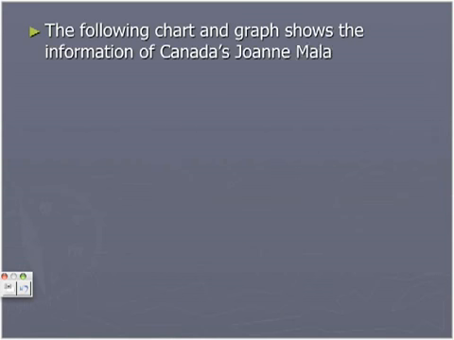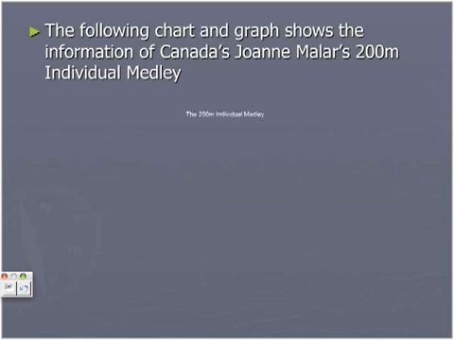The following chart and graph show the information of Canada's Joanne Millar's 200-meter individual medley race. The individual medley in swimming is all 4 strokes. So we're going to compare all 4 strokes and try to identify which of the 4 swim strokes is the fastest.